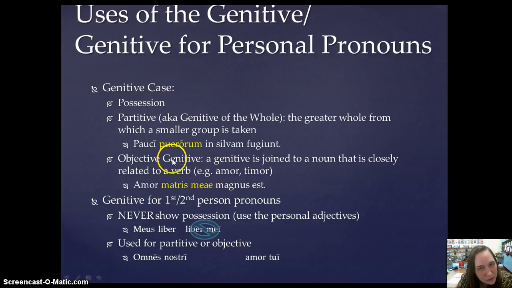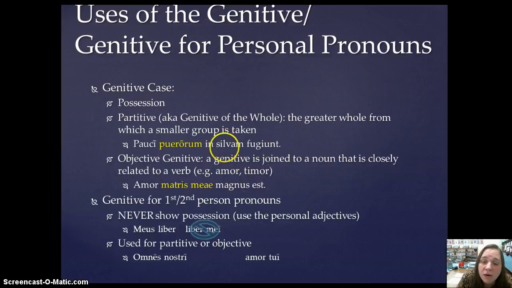Another genitive use that you're learning in this chapter is something called the objective genitive. Now, the objective genitive is actually really interesting. It's when a genitive is joined to a noun that is in some way expressing an action, right? It's a noun that's very closely related to a verb. So, for example, the noun amor, which means love, is closely related to the verb amo, which means love.